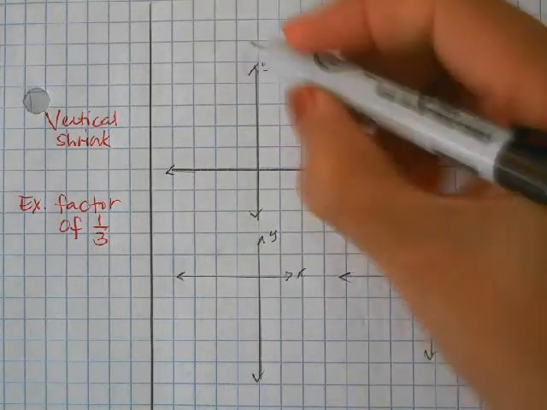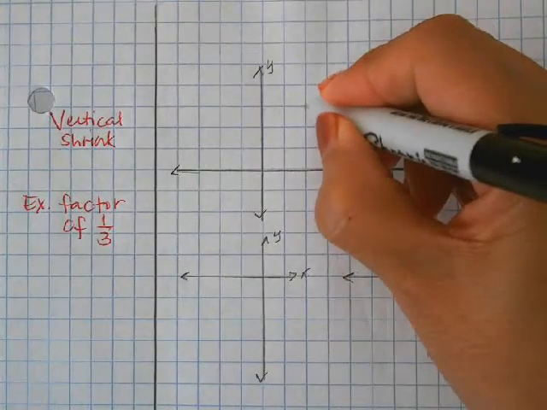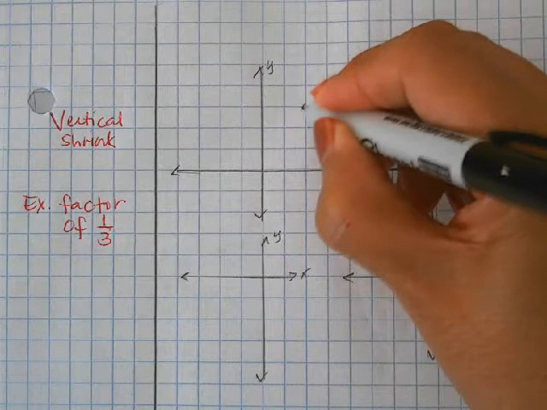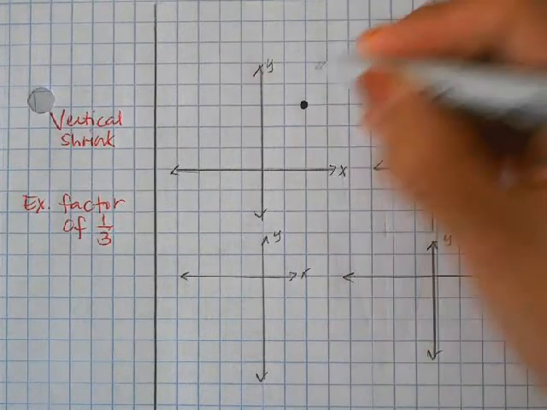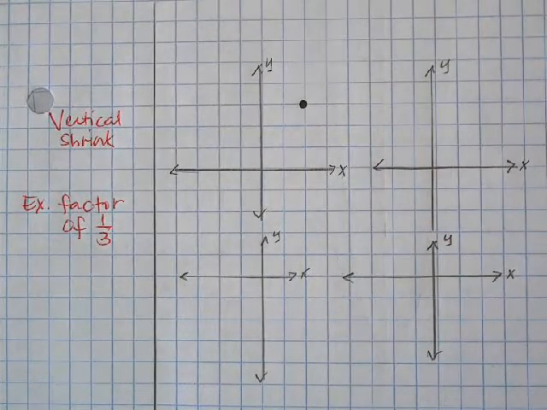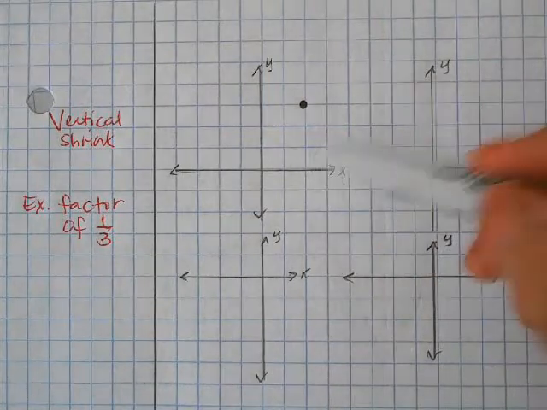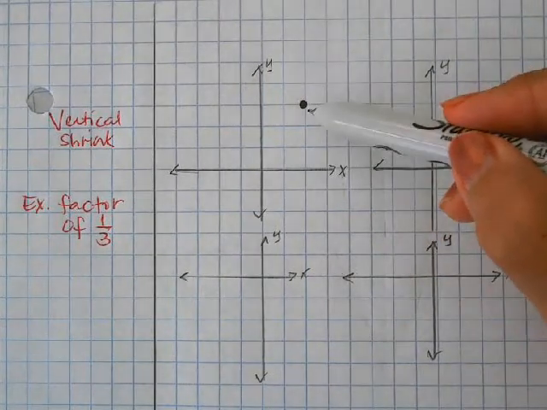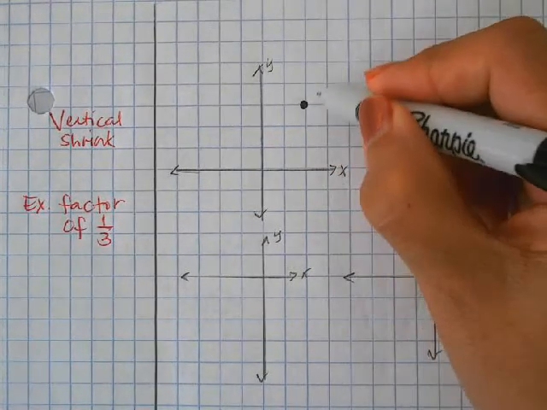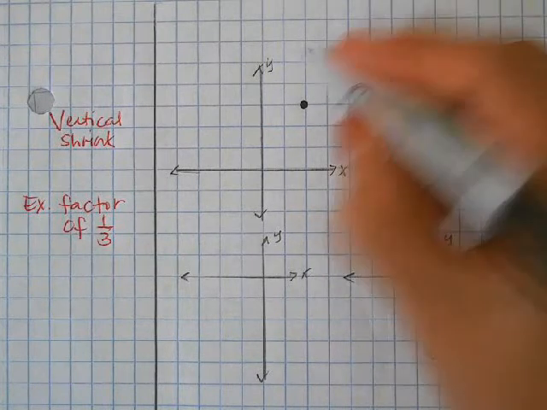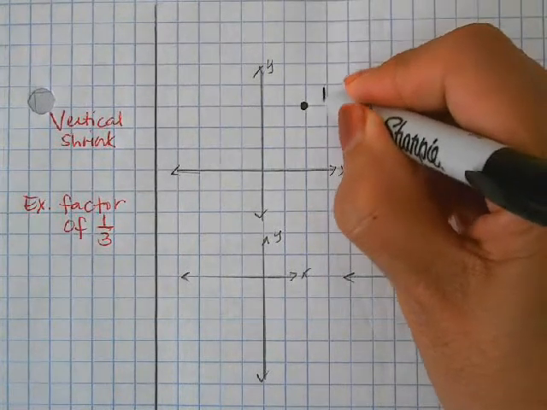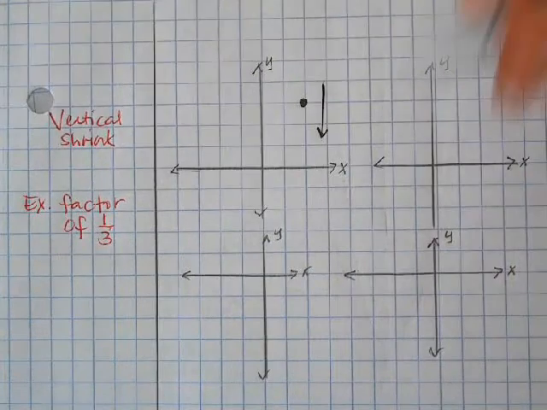Say for example this is your point. You still look for the distance from the x-axis to your point. Now you're going to shrink it, meaning you're going to make it closer to the x-axis.